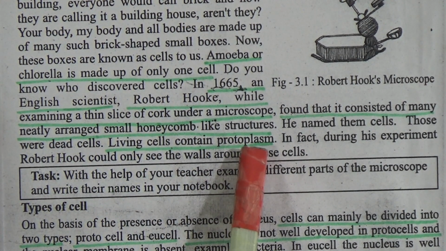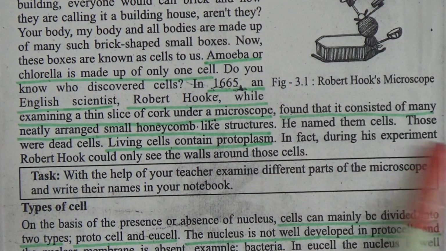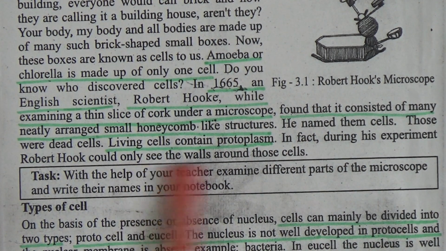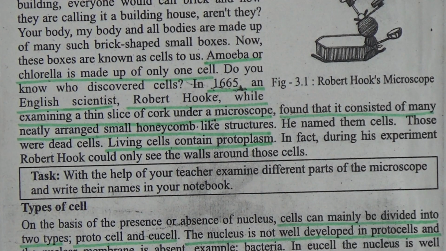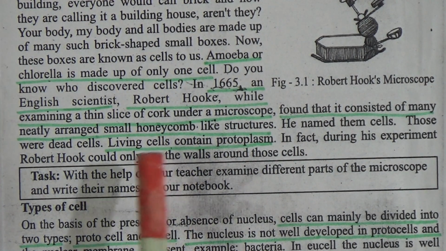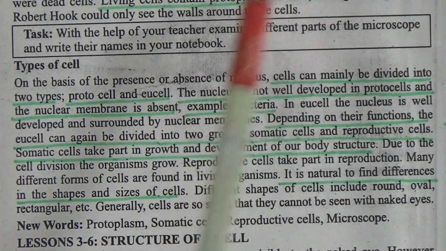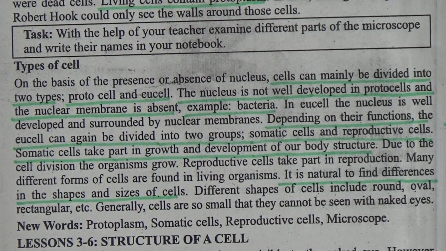In fact, during his experiment, Robert Hooke could only see the walls around those cells. He found only the cell walls of those cells, and in the living cell there is protoplasm.